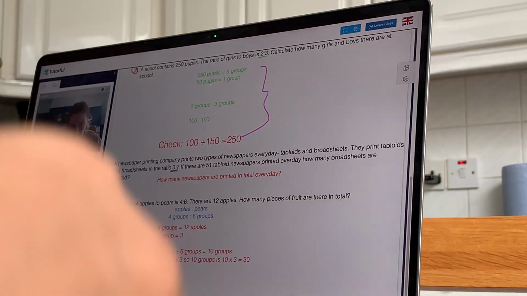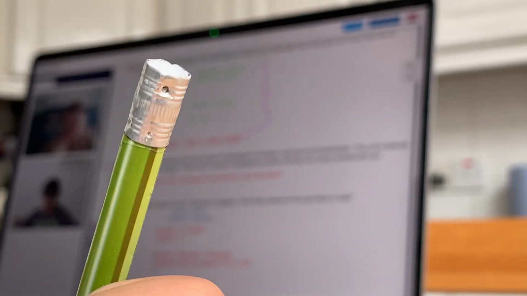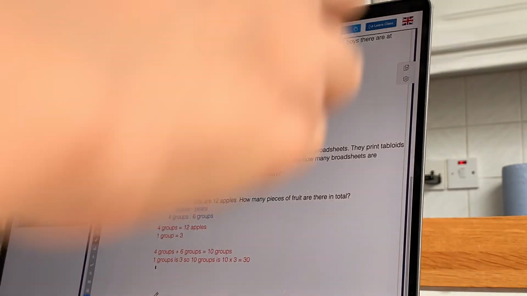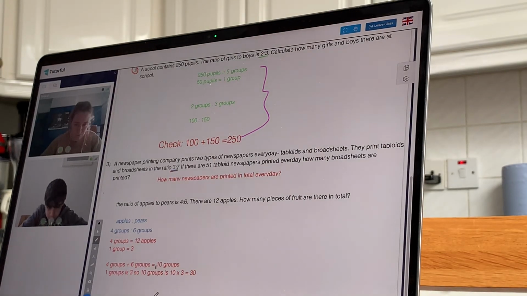So, wait, let's just say apples to oranges. And then you find out how much, and then they want to find out how much there is in the apples. So you find out how many in total, and then you do the group.